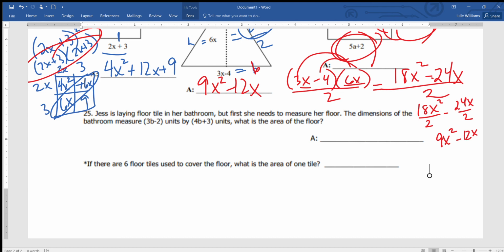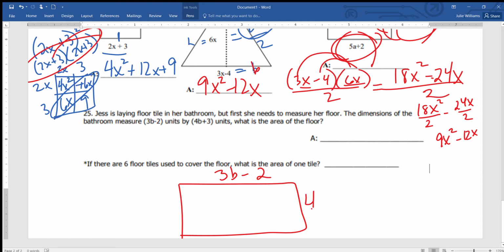So I always like to draw a picture. So we're assuming that it's a rectangle here. One of the side lengths is 3b minus 2. The other one is 4b plus 3. What is the area of the floor? Same thing. So we're going to be multiplying this binomial times this binomial.